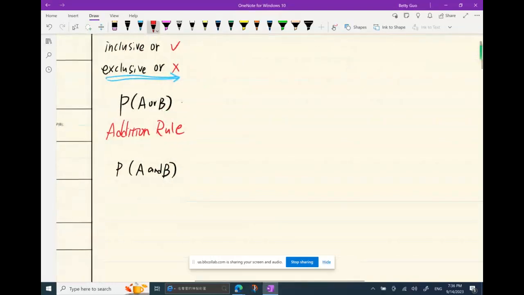The title of this section is addition rule and multiplication rule. The addition rule is for finding P of A or B. The multiplication rule is to find the probability of A and B.